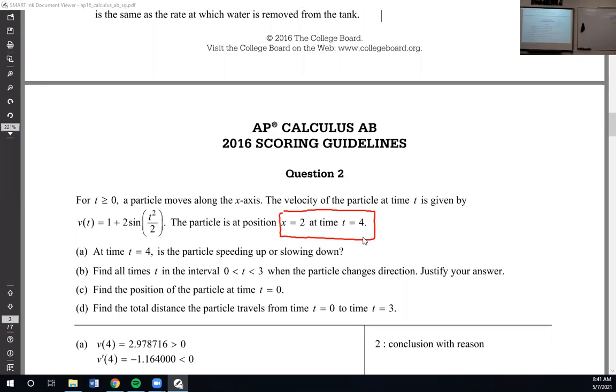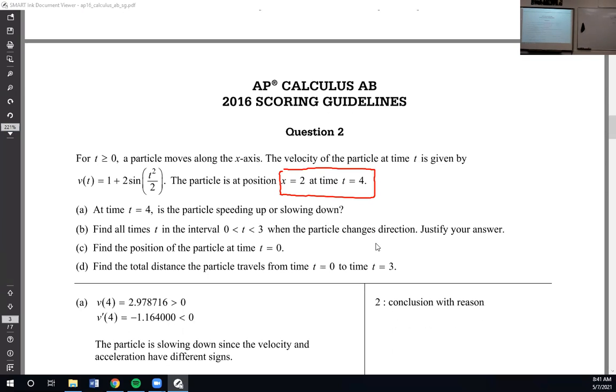You need to compare both of them. On some people's, I've been seeing you talking about either one or the other. You need to compare and talk about both of them. So velocity is positive, acceleration is negative. So that means, since they have opposite signs, that our particle is slowing down.